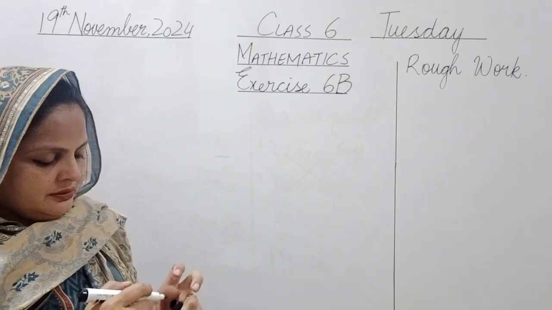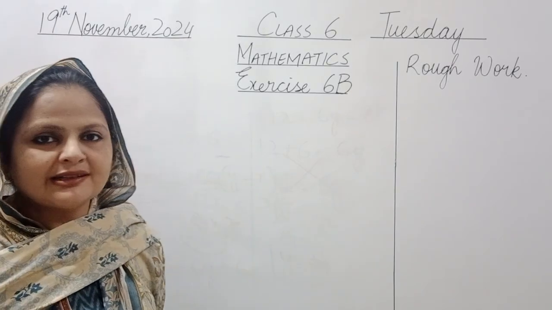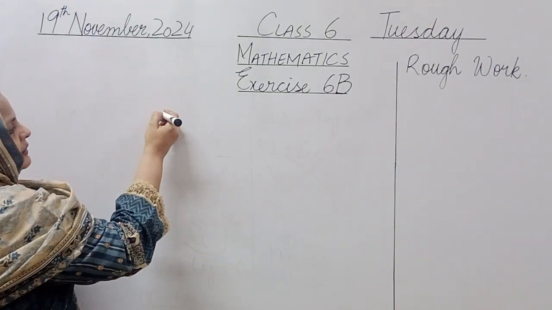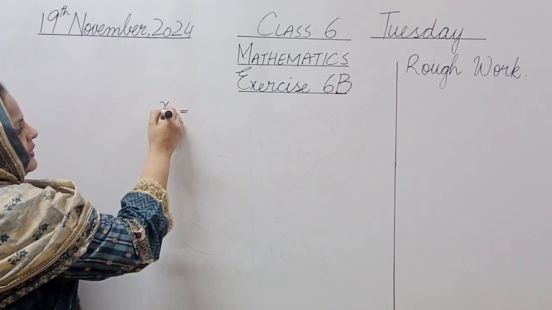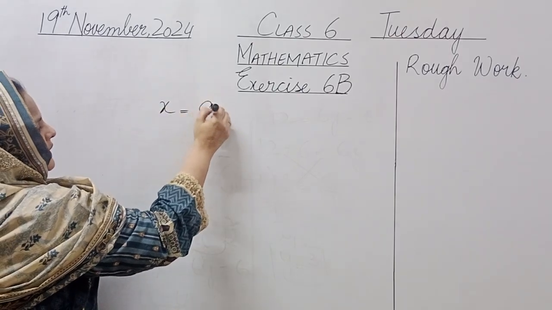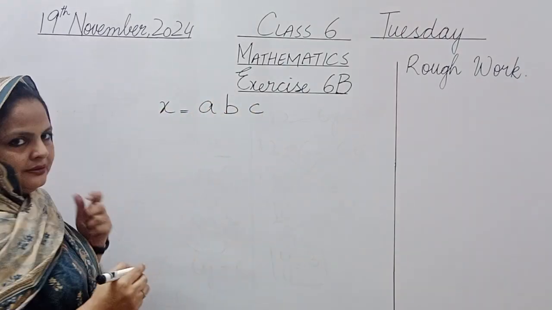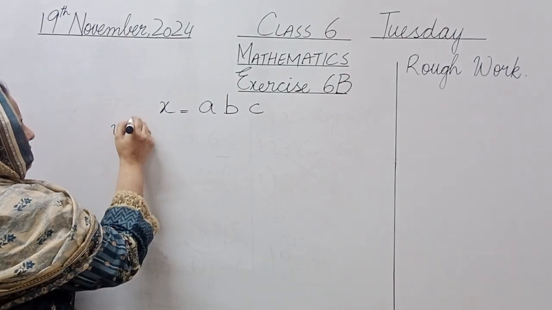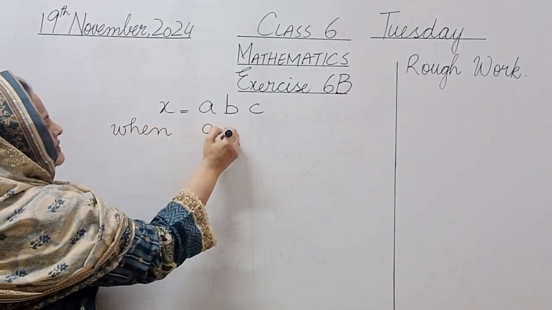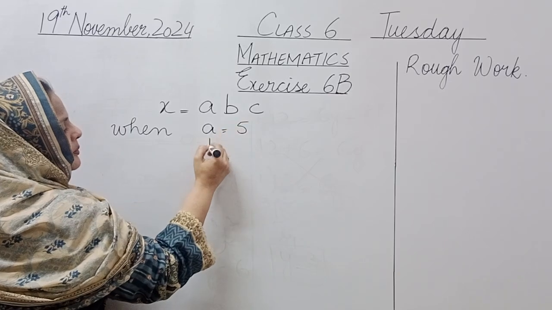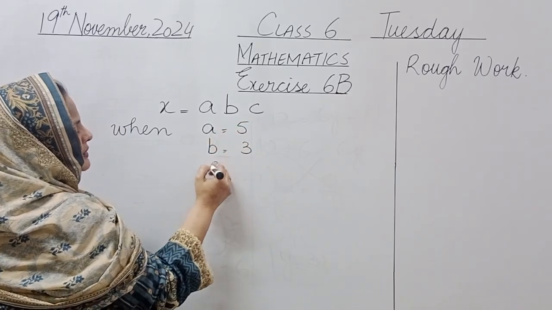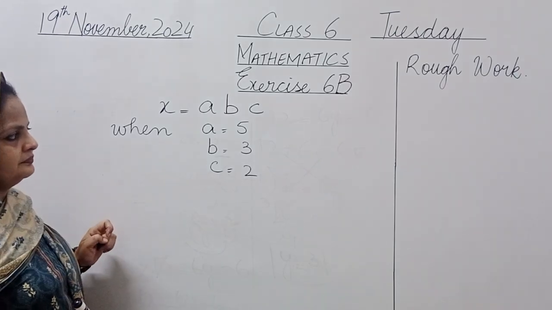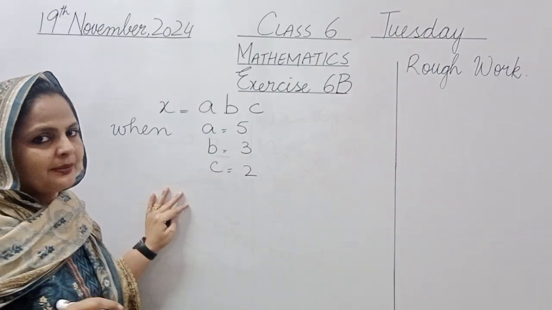Okay, I want to discuss one example with you. Find the value of x when x is equal to abc. Now, when a is equal to 5, b is equal to 3, c is equal to 2. तो समझ में आ रहा है इससे हम क्या करेंगे?